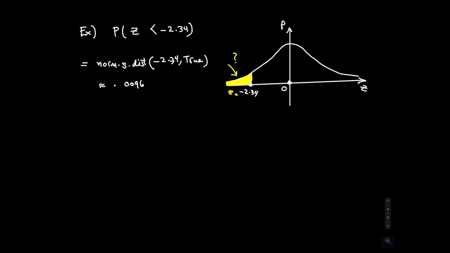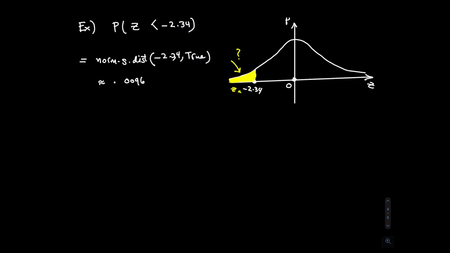Let's see. They're all quite simple. So let's say, example: find the probability that z is, say, less than 1.27. Now, again, this is the less than case, so that's a natural default probability for z.